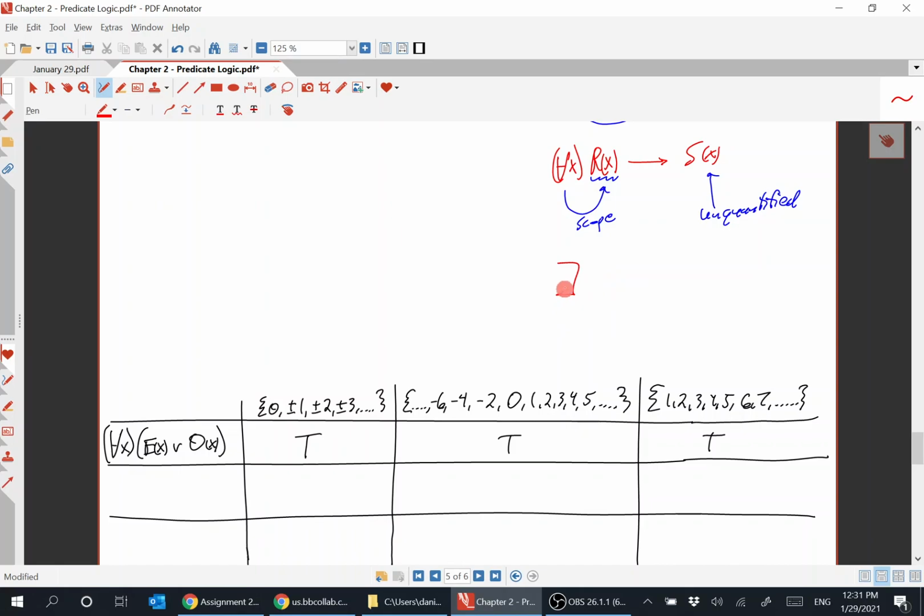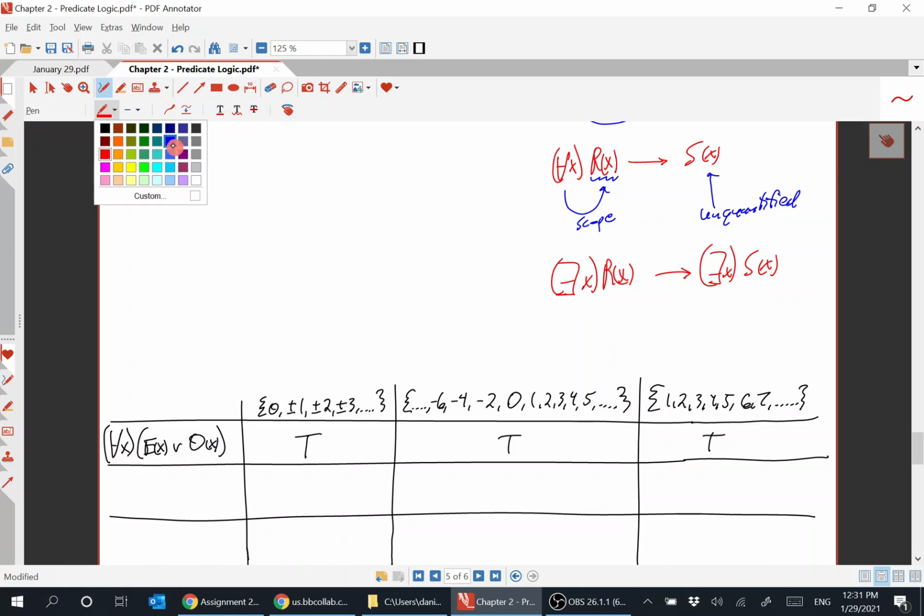We'll do it in existential. There exists x, Rx implies there exists x, Sx. So now the scope of this quantifier is right here, and the scope of this quantifier is right here.